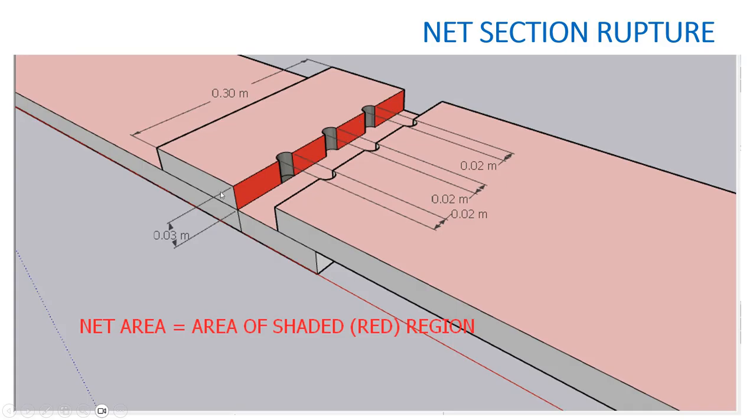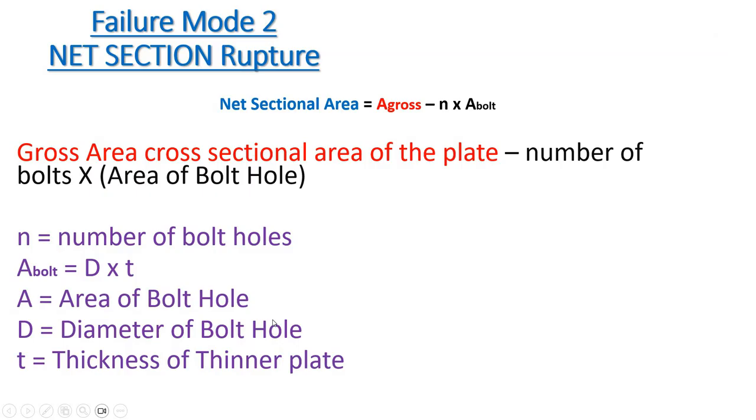So what we have done is we have subtracted the longitudinal area of the bolts. Here we are not subtracting the cross sectional area but longitudinal area of the bolt holes. So these longitudinal areas of the bolt holes are subtracted from the total area, that is the cross section area, where you are obtaining the net section area.